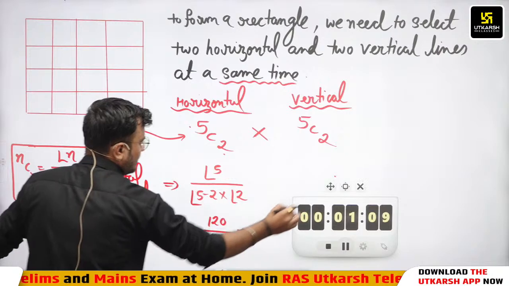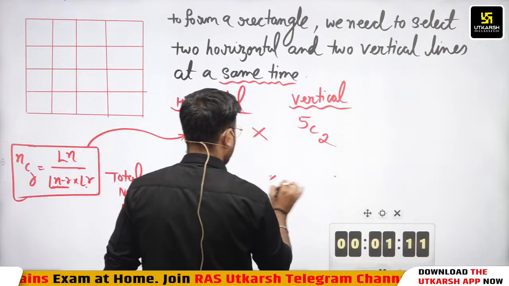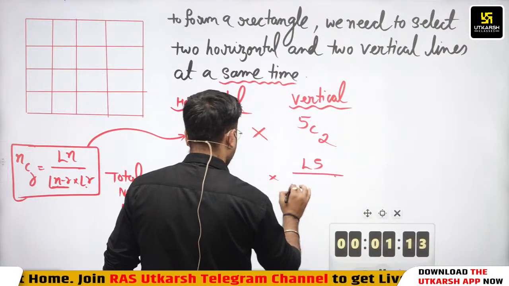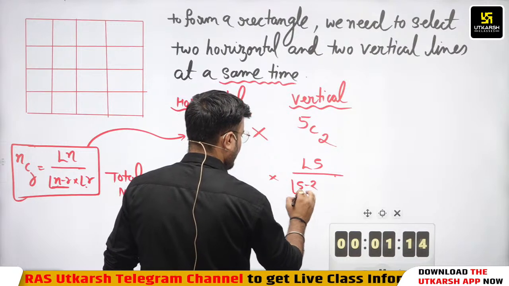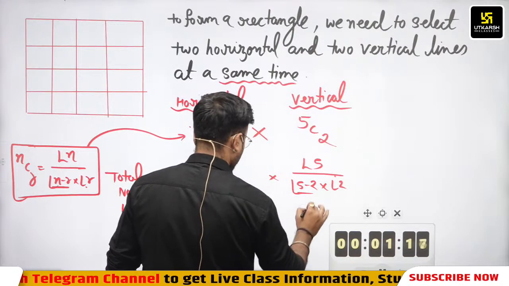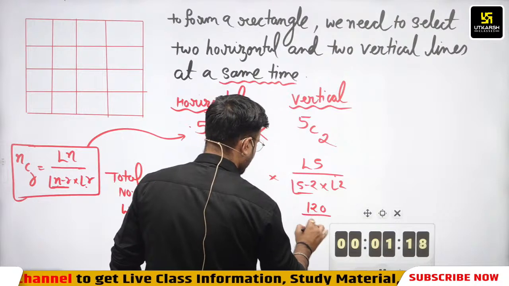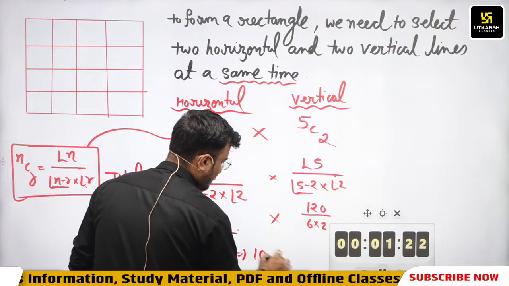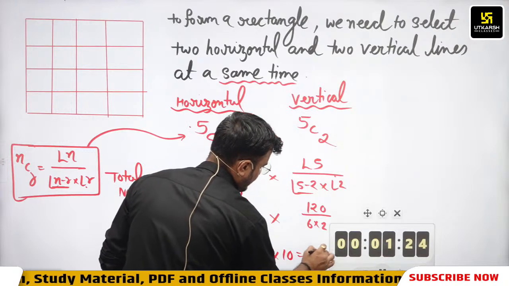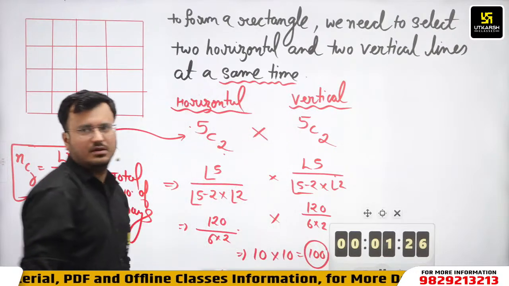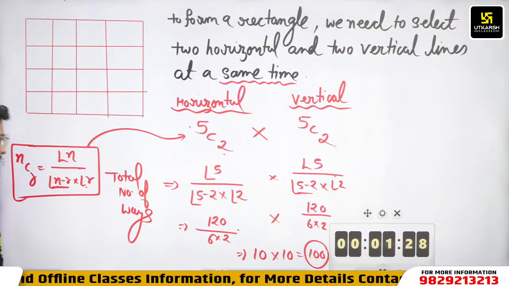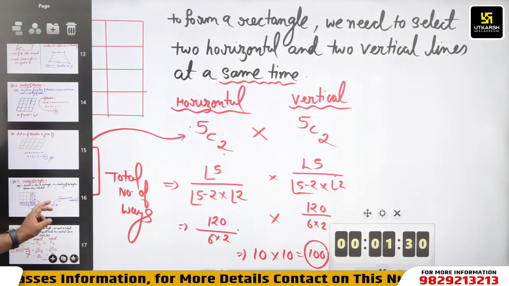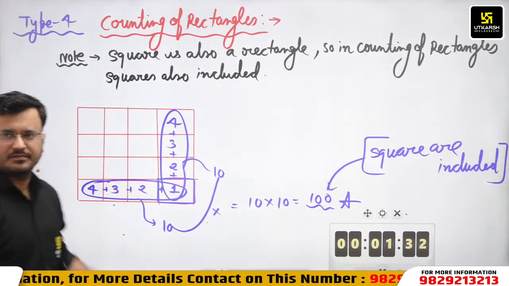Similarly here also, factorial 5 divided by factorial 5 minus 2 into factorial 2, so 120 divided by 6 into 2. So you will get 10 into 10, that is your 100. So this is the whole idea behind this trick.